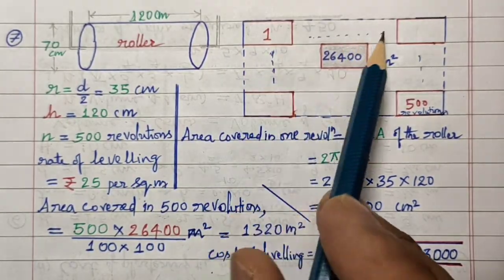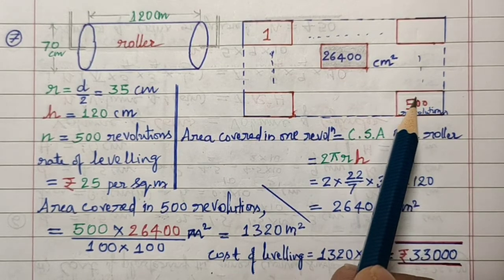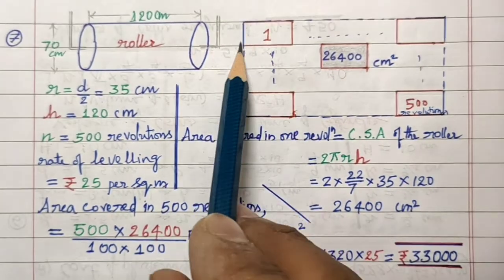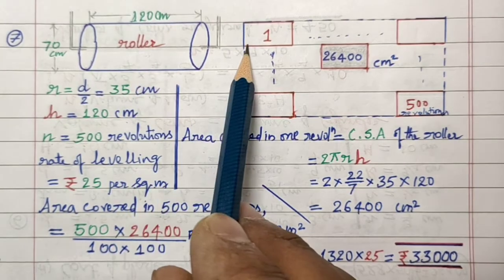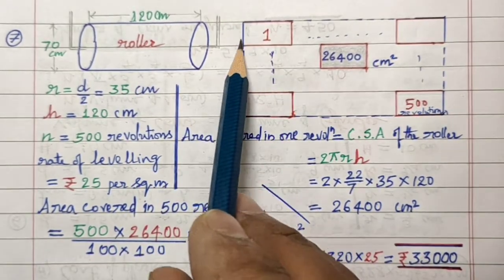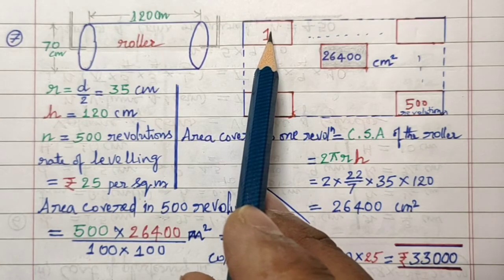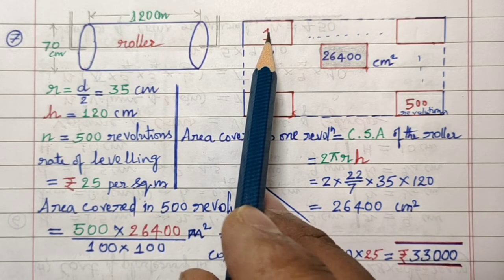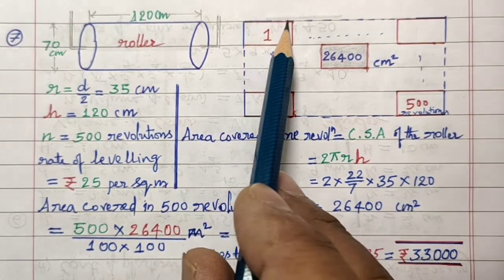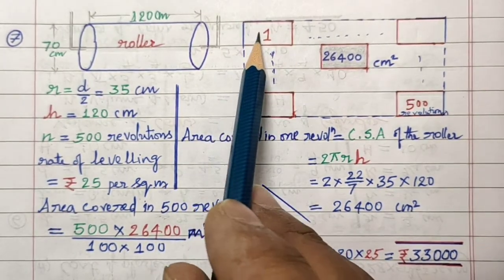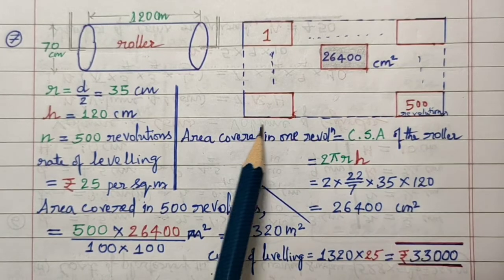We have to multiply it 500 times, for 500 revolutions. That means the curved surface area of this roller will level this playground. For one revolution it makes this much area. So we need to find out the total area first.